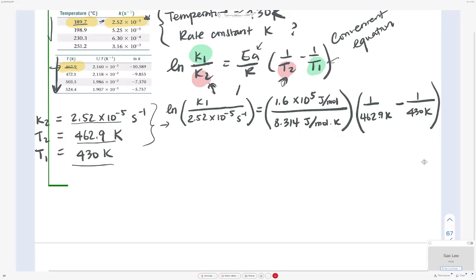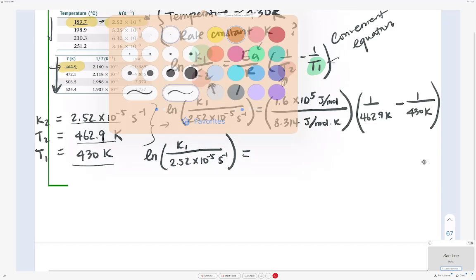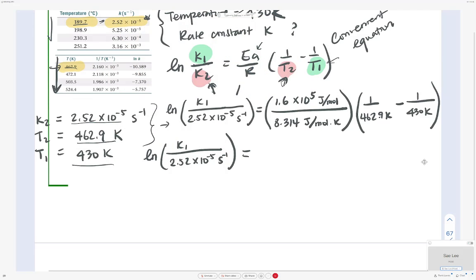So if you do the math, plug these values in the calculator. Here, let's do some unit cancellation. Joule per mole will cancel, and you're going to be left with inverse Kelvin. So let's do this portion of the math. You get 0.19 times 10 to the 5th inverse Kelvin.